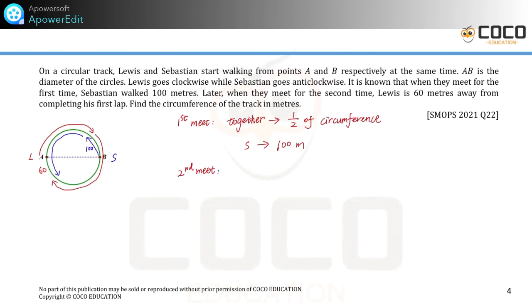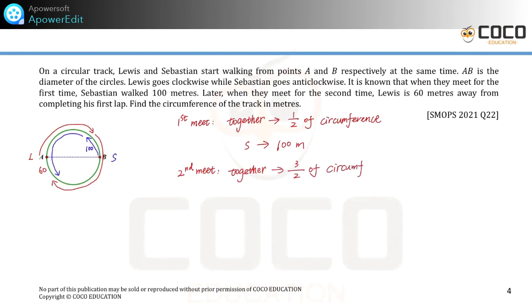Then let's check the second time where they meet each other. First we check the total distance traveled by them. This is half of circumference. This is the second half, and this is the third half. So together they traveled 3/2 of circumference.